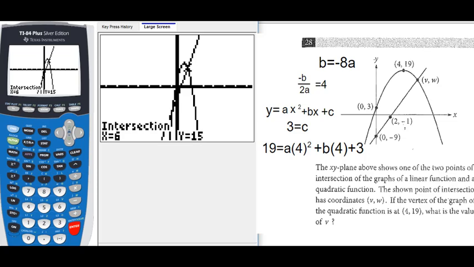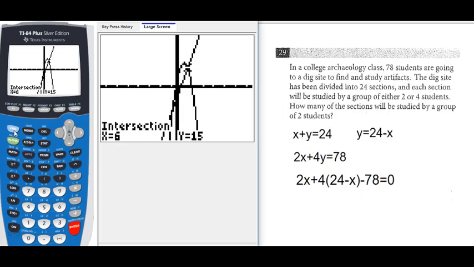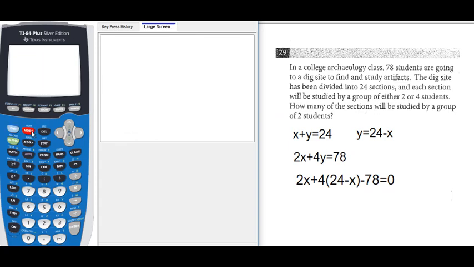V, that's the x basically. So that's the answer for x equals 6. That's the answer. Now let's go to question 29.